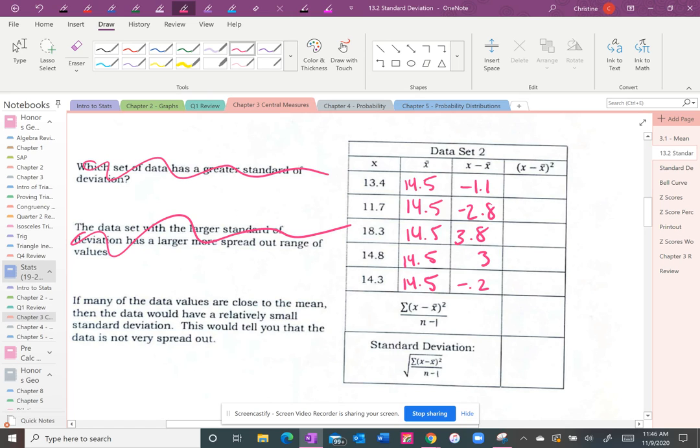Okay, then I'm going to square all of these numbers. Okay, then I add them all together.